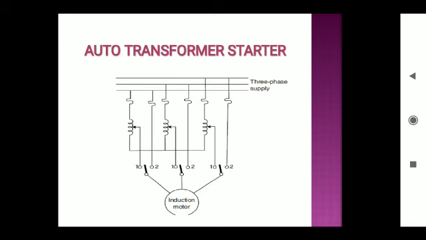The auto transformer is provided with a number of tappings. In practice, the starter is connected to one particular tapping to obtain the most suitable starting voltage. A double throw switch is used to connect the auto transformer in the circuit for starting.